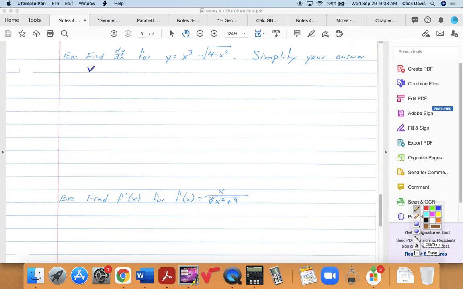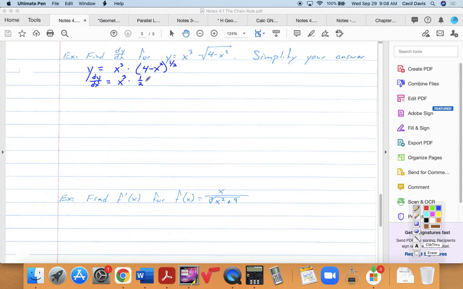So here, again, doing a little bit of rewriting first, we'll have y is equal to x cubed times 4 minus x squared to the 1/2 power. So when we take the derivative, dy dx, we'll keep the first factor, x cubed, times the derivative of the second factor. And to take the derivative of this second factor, we'll have to use the chain rule.